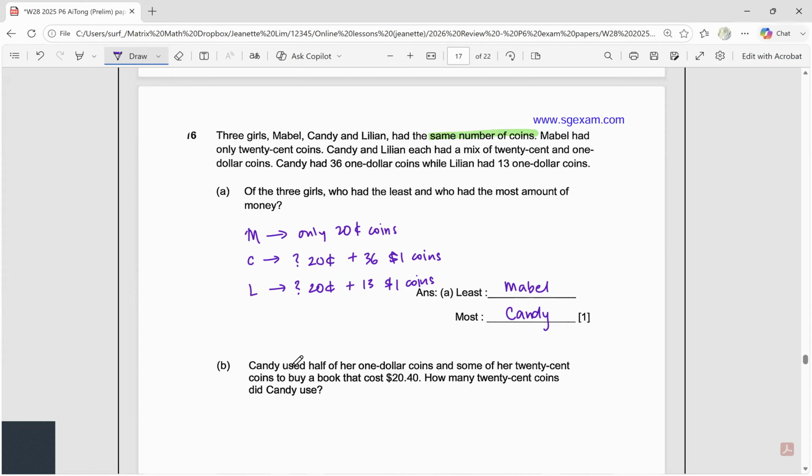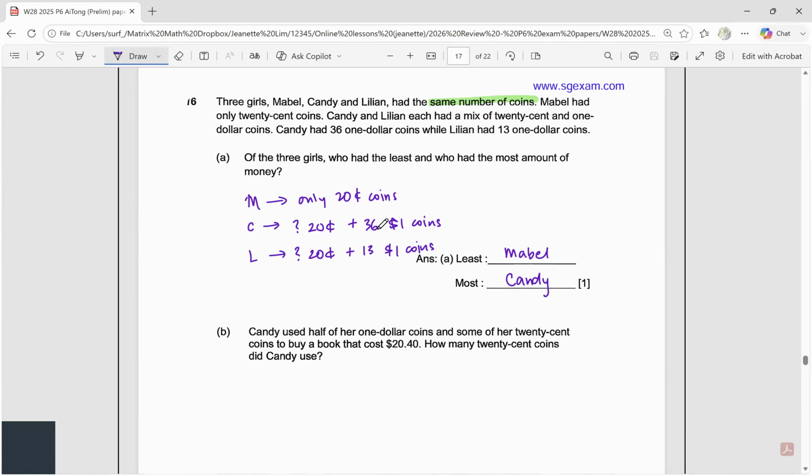For part B, Candy used half of her $1 coins and some of her 20-cent coins to buy a book that cost $20.40. So how many 20-cent coins did she use? Half of her $1 coins, she has 36 $1 coins, so half of that. 36 divided by 2, 18. 18 $1 coins would basically be $18.